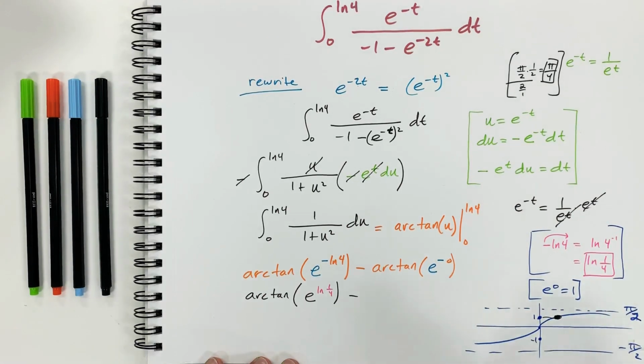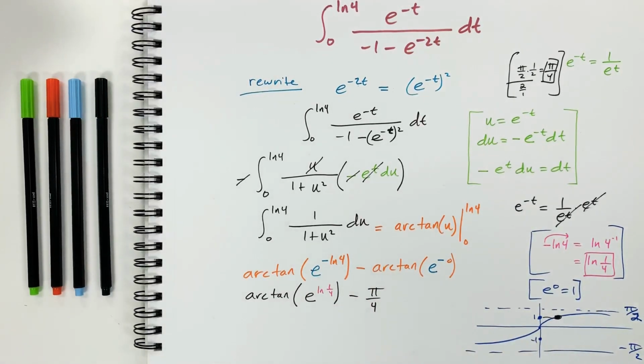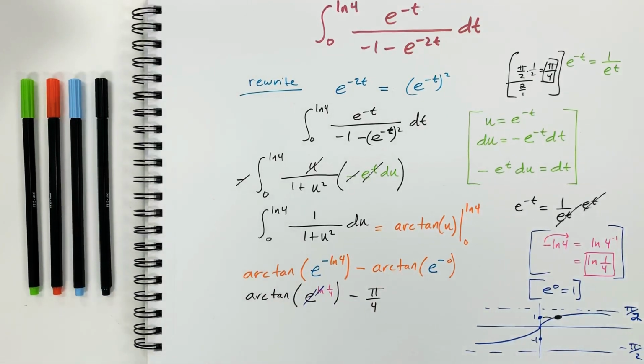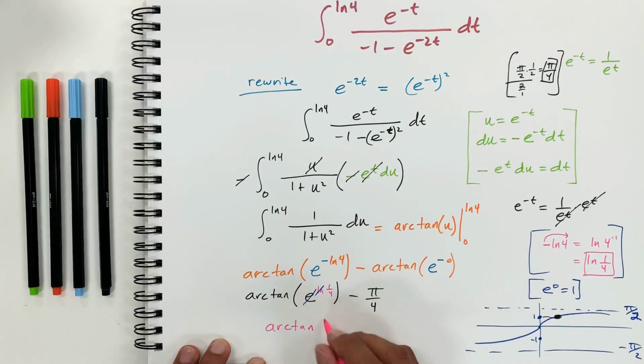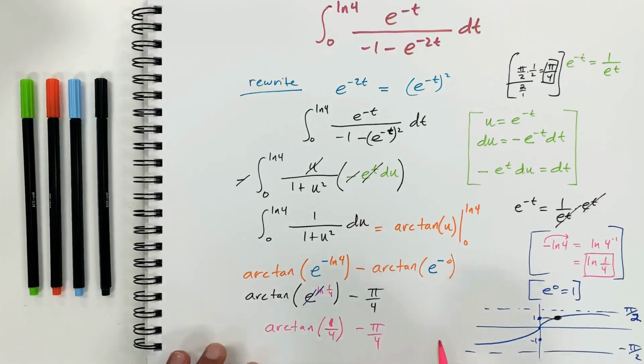And then finally, we can cancel out the e with the ln, and so we're left with a final answer of arctangent of 1 over 4 minus pi over 4.